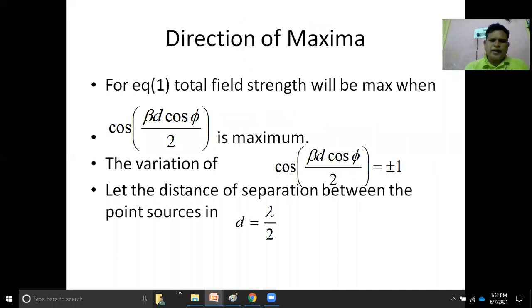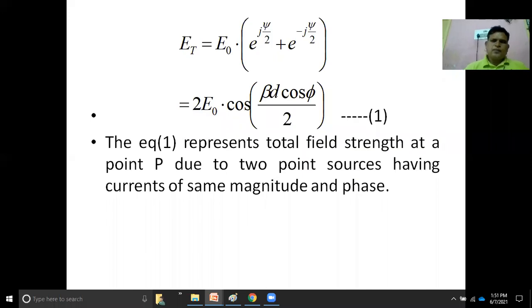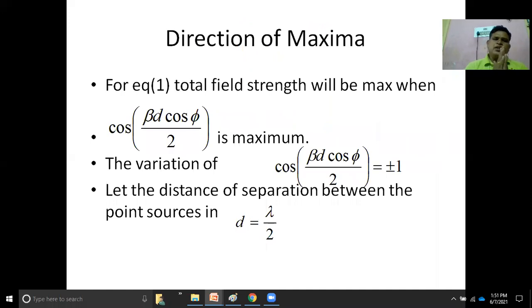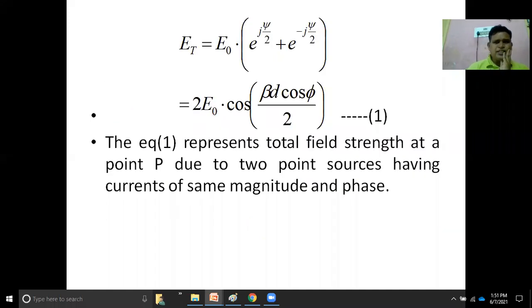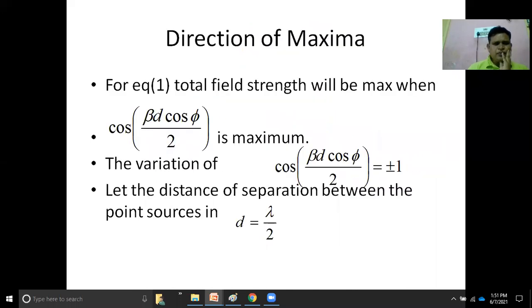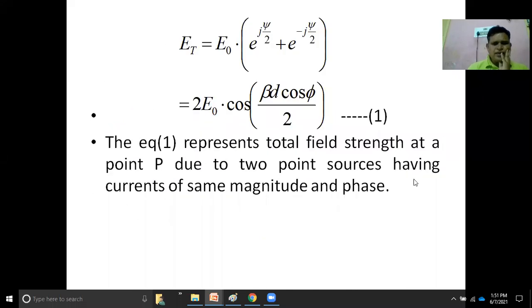Now we have to find out, this is the electric field, right? From this you can plot the radiation pattern. First of all, we want to find out the direction of maxima, in which direction the electric field intensity is maximum. From equation 1, when will the electric field intensity be maximum?